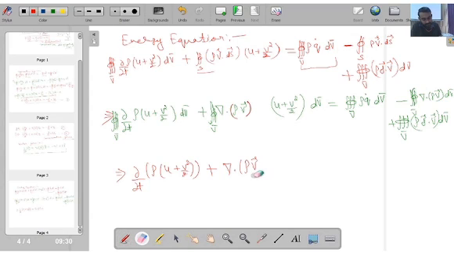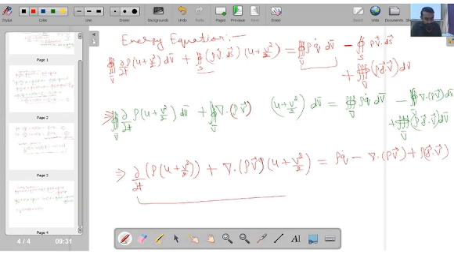So this will be rho v vector times (u plus v square by 2), and that will be equal to rho q dot minus divergence of p v vector plus rho f vector dot v vector.